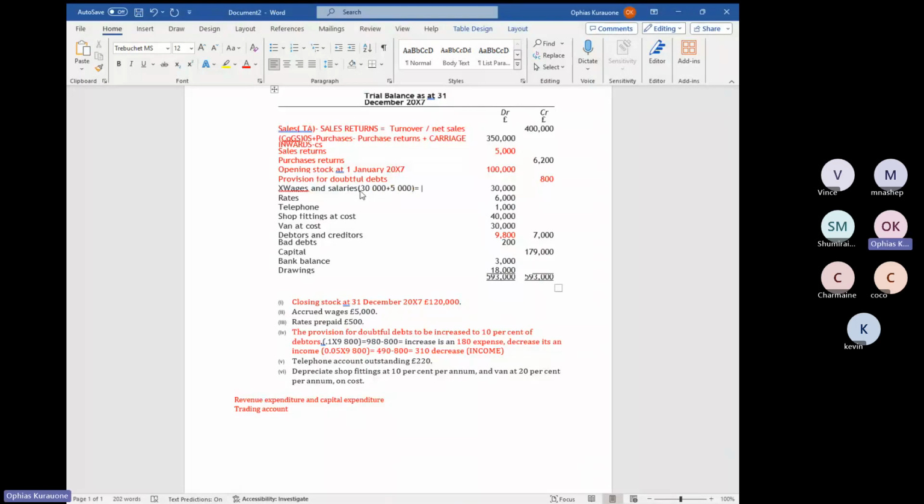So the examiner will award you maybe 1 mark for that, because you know the accrual concept. We are saying whether revenues or expenses have been paid or not paid, they should be recorded as transactions.